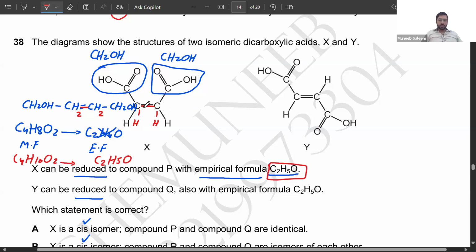So which means that the alkene part was also reduced. Now, if this is reduced to compound P, then Q is formed from compound Y, which also has similar functional groups, 2 carboxylic groups and 1 alkene part, which means this will also give a similar compound, just like compound P, having a similar molecular formula, and this will convert into a single bond.